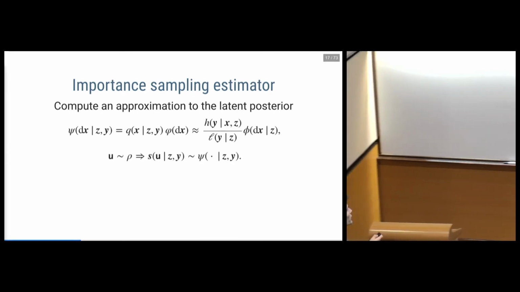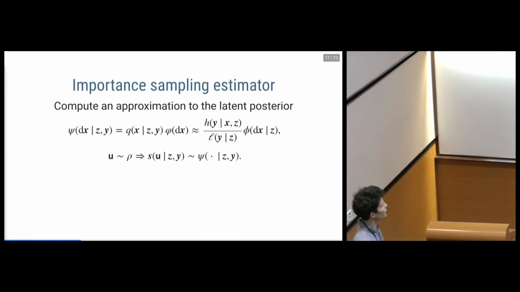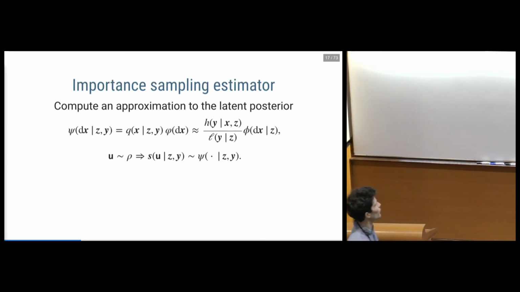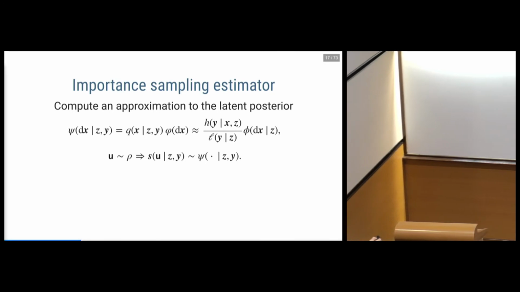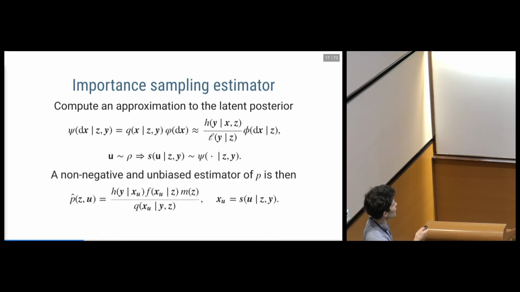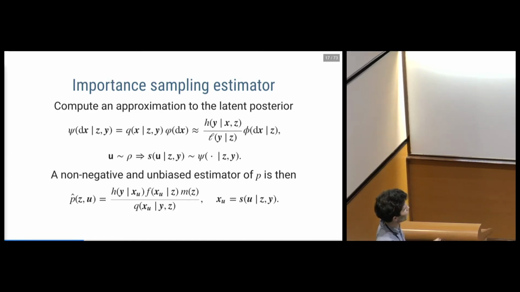If we assume that we've come up with some approximation like this, we can then again form an estimator in this canonical form by factoring out all of the randomness that goes into generating values from that proposal distribution into this S function, and then just saying that our estimator now has this form here, where I've defined this XU as basically the output of that sampling function.